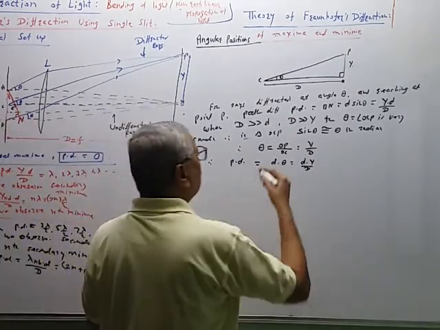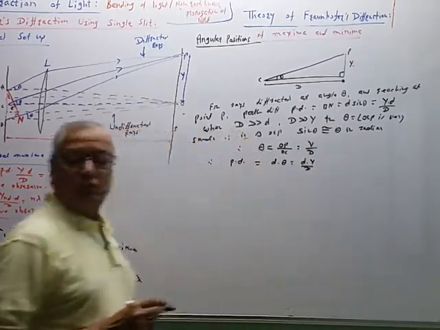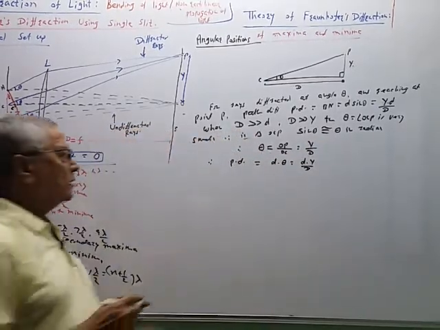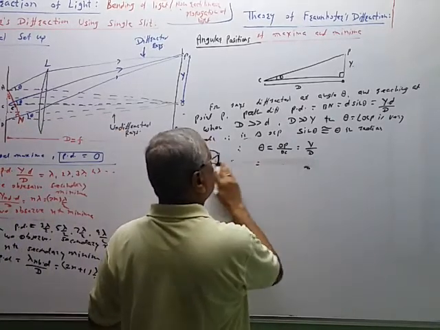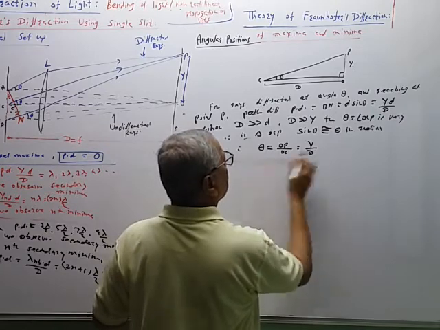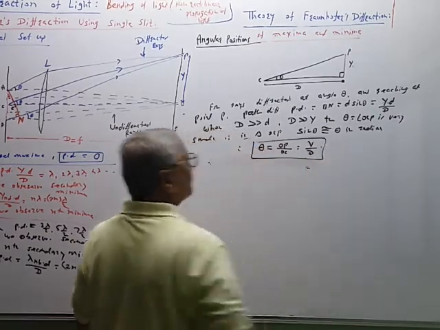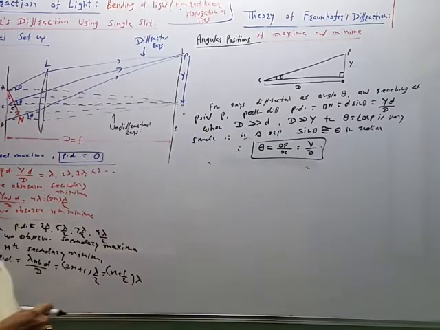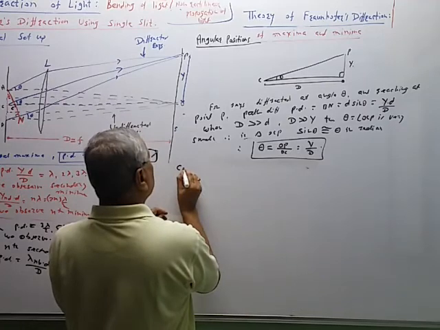So if you compare this value, then theta is equal to y upon D. Theta is equal to y upon D like this. So this will give the angular position. Now case number 1.